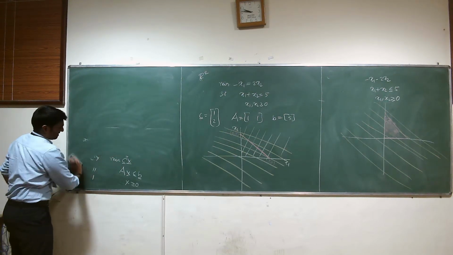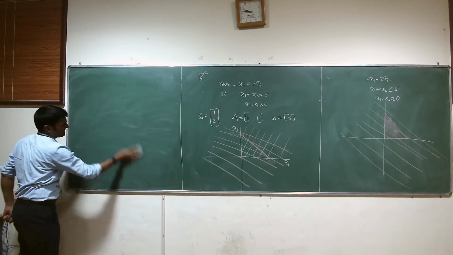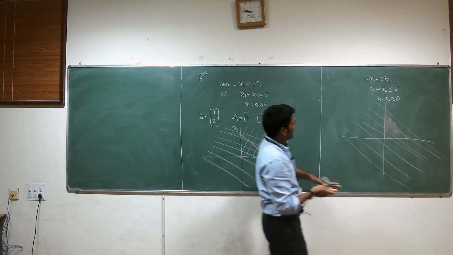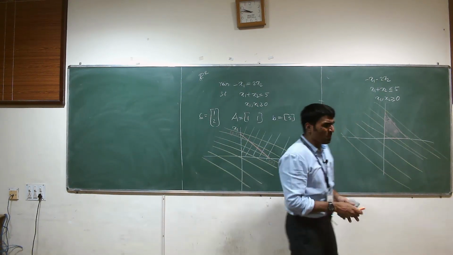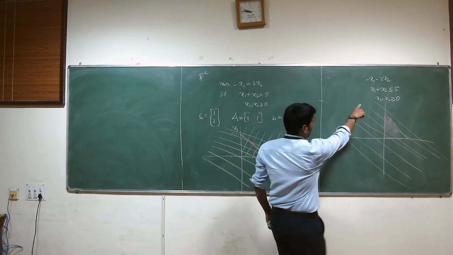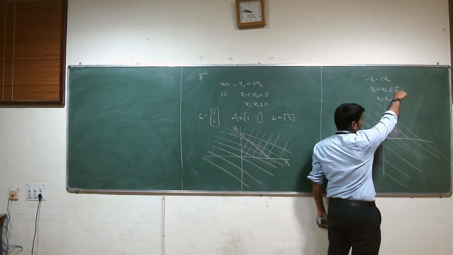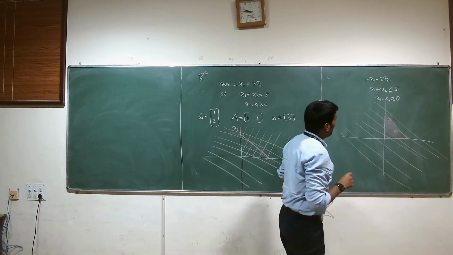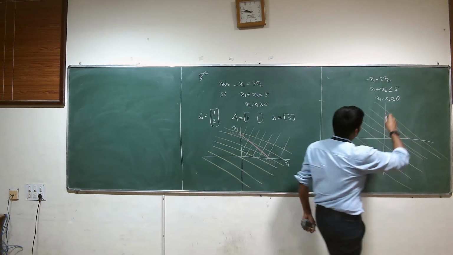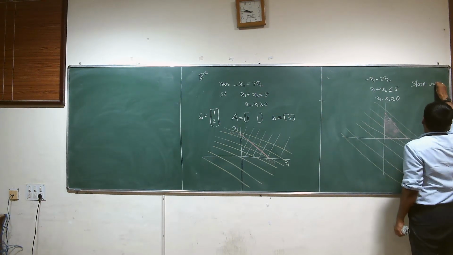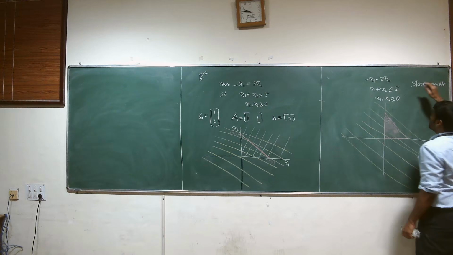Now, because we said we will only work with the standard form, and I said that you can convert non-standard forms like this to the standard form, whenever you have a non-standard form like this, where all of them are inequality constraints, what you do is you add what are called slack variables.